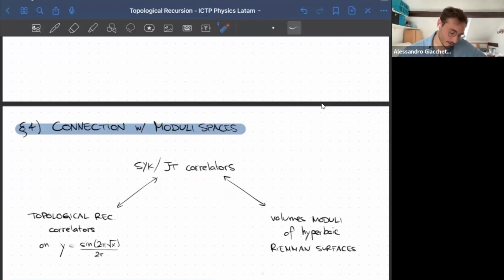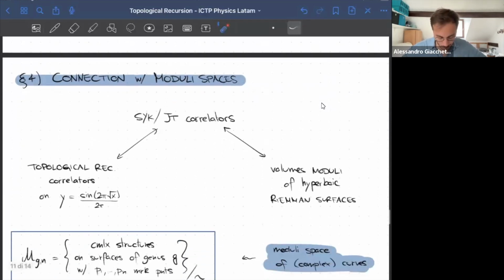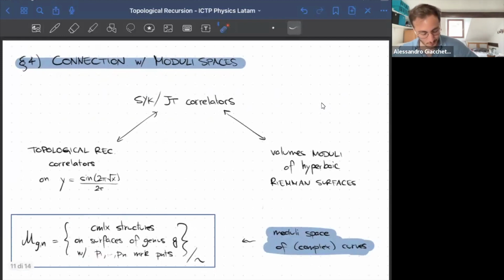So the question is, is this relation more general, in the sense that every topological recursion correlator is in some sense computing objects related to moduli of hyperbolic Riemann surfaces? And the answer is yes, but you have to be a bit more precise, or let's say you have to modify something.